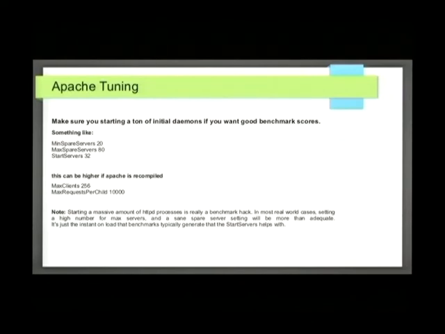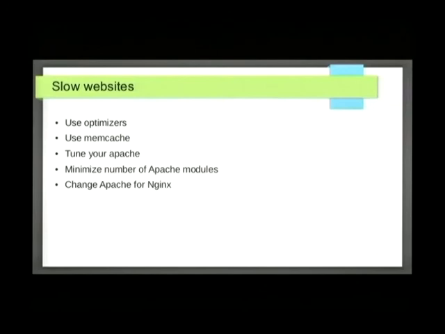If you want good benchmark scores, you can change this in httpd.conf or default conf. If your websites are slow on Apache server, use optimizers, use memcache, tune your Apache, minimize the number of Apache modules, don't use unneeded modules, maybe try to change Apache for Nginx, which is on some occasions faster.